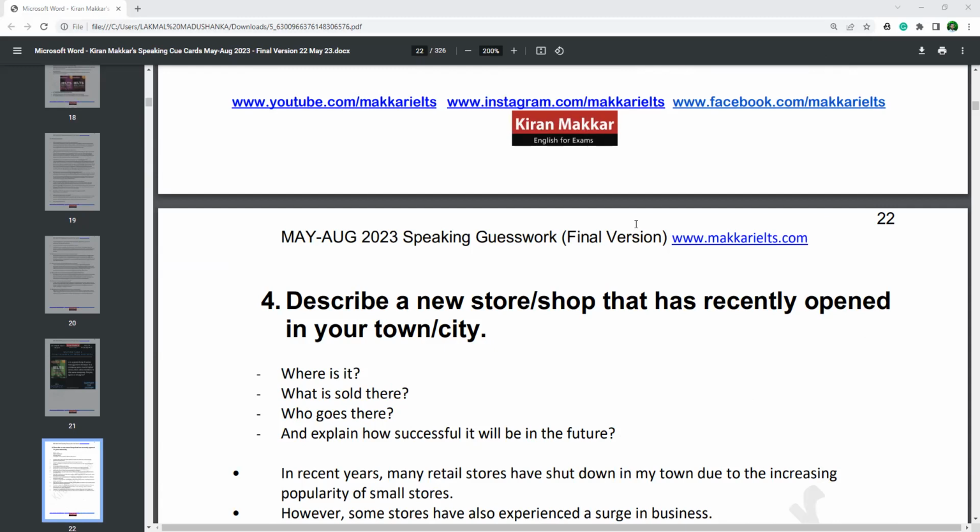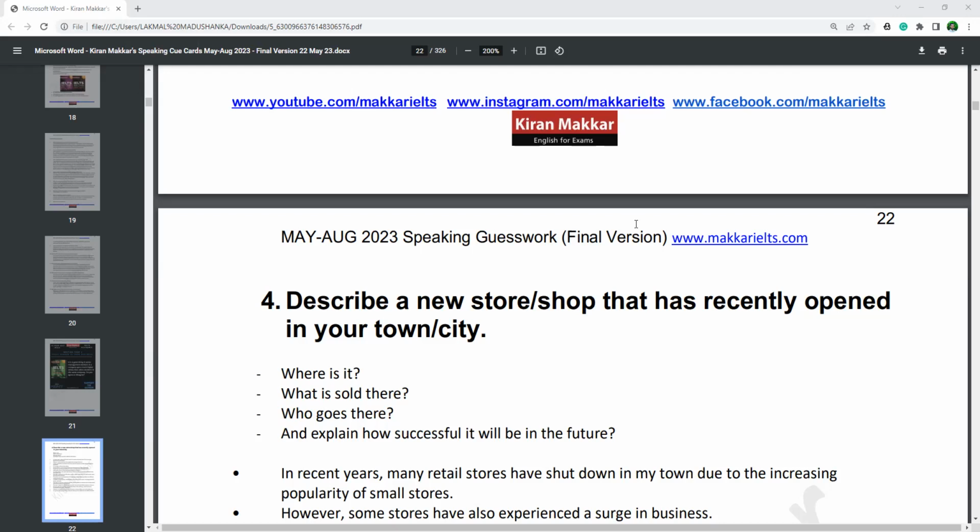You are saying that many stores opened in your city. Then you can go to a specific store, maybe a cake store, a grocery store, or a bookstore. Then you can say, among all the stores, I would like to explain about one specific bookstore which I always visit for finding my class materials. Then you can be specific.